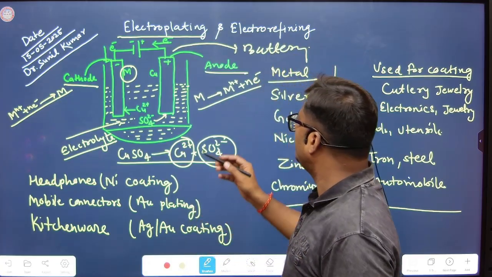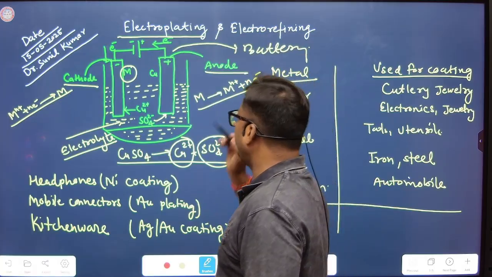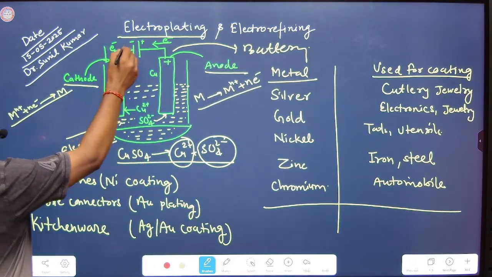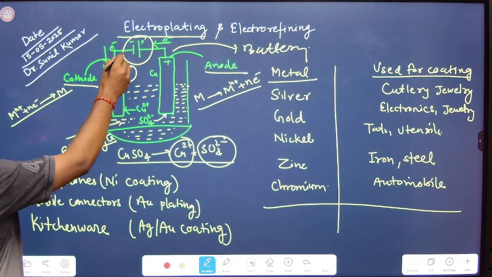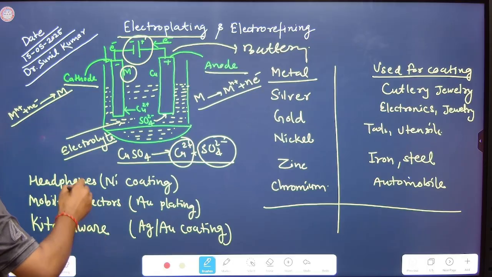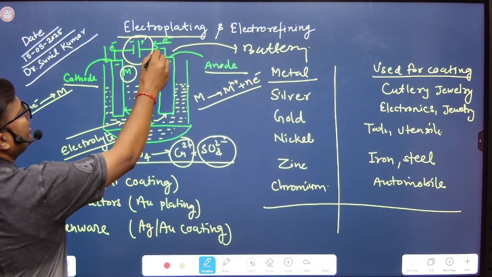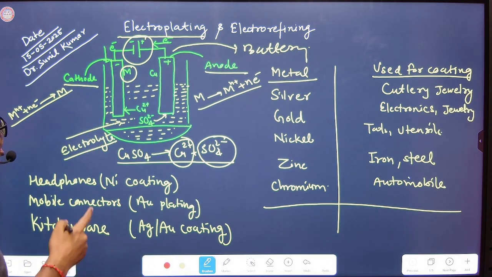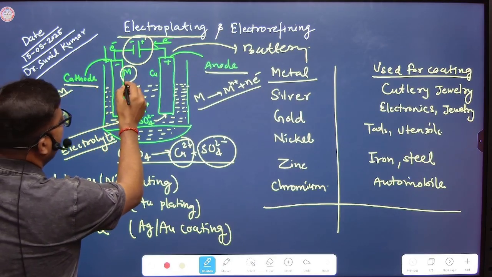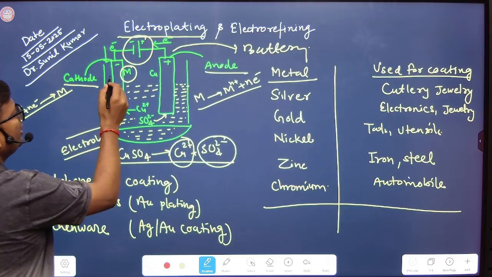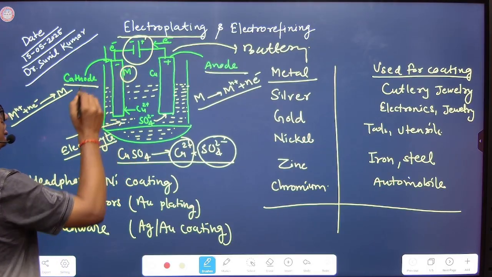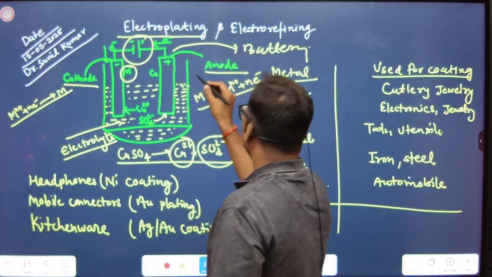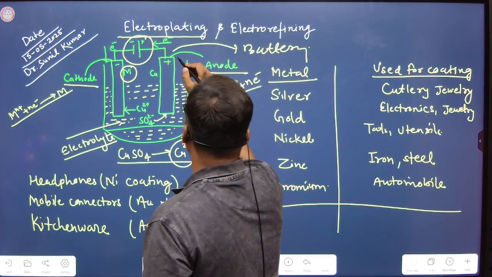When the switch of this battery is turned on, what happens? The negative pole of this battery is connected with the cathode, and the positive pole is connected with the anode. Now when the switch is on, the metal strip that is the cathode gets a negative charge, and the anode gets a positive charge.